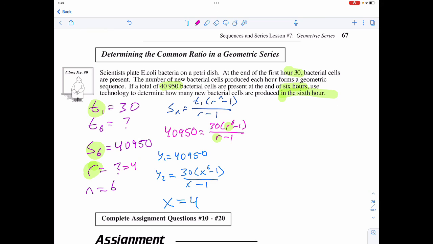Then I can solve what T6 is by stating that that's going to be term 1, which we already know is 30, times the common ratio of 4 to the power of 6 minus 1.